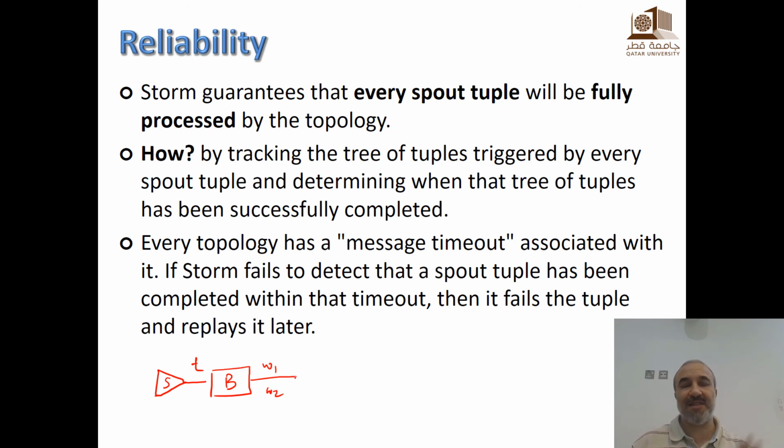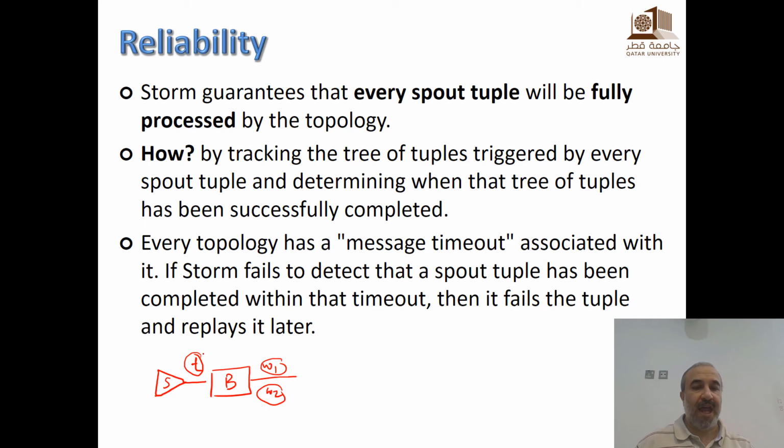And let's say that this is it, this will be maybe stored somewhere. So this tuple from the source generated 2 other tuples. Once they are fully processed, then we know that this tuple is fully processed.